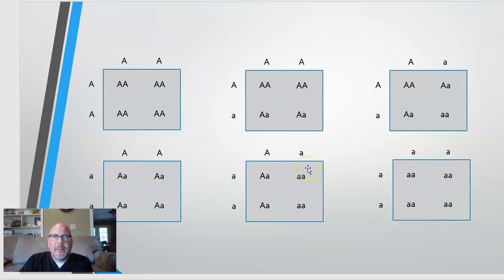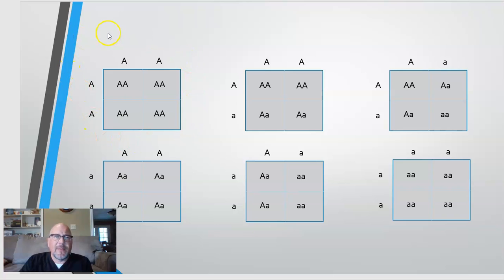When we talk about how this can be passed along, there are really six examples of combinations of parents that can produce offspring. In the first example here, big A is the normal allele, and small a would be the cystic fibrosis defect.